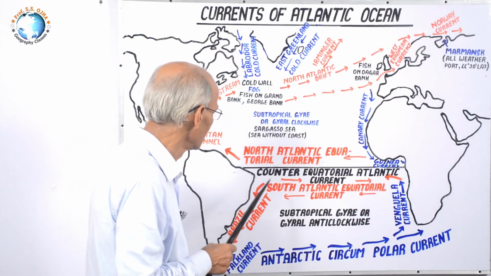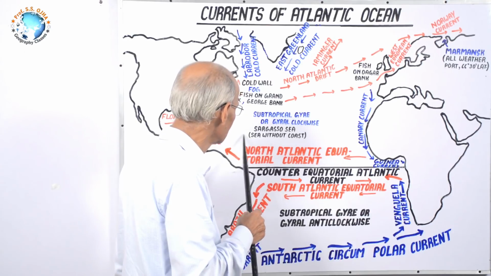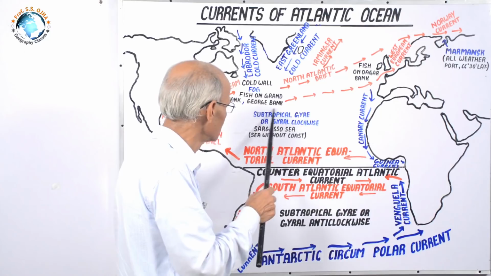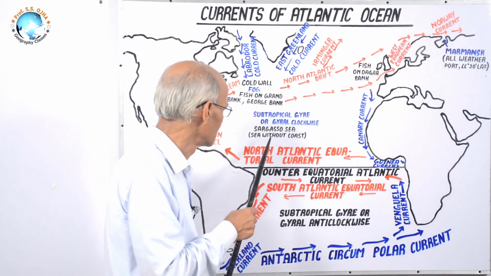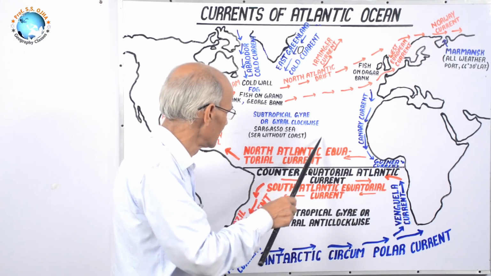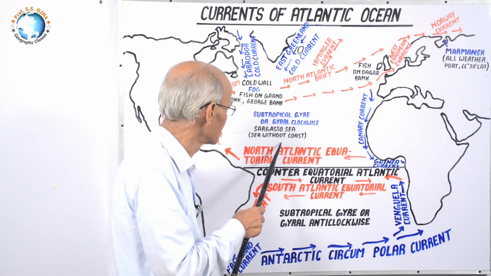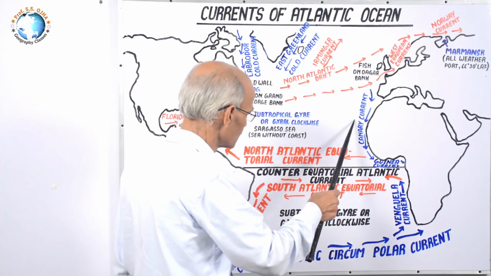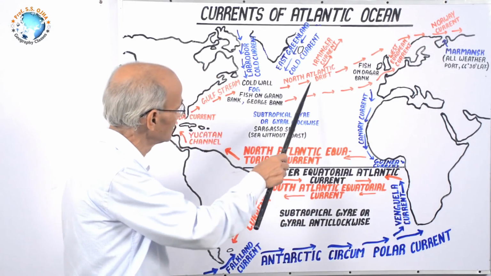studied separately. Here one more oceanic phenomenon is the Sargasso Sea, because this is characterized by a grass algae named Sargassum, and this is saline water, called salina, because the salinity along the east coast, along the west coast, and in the equatorial region will be less.